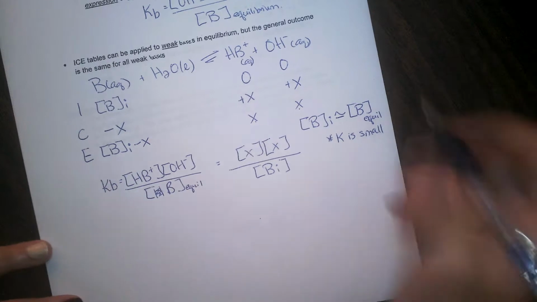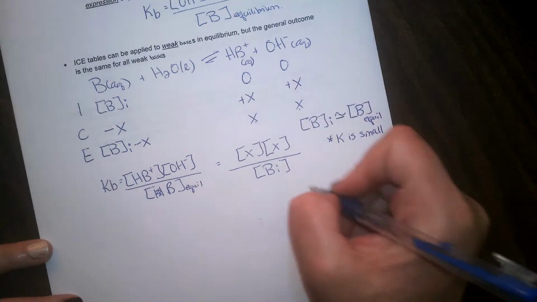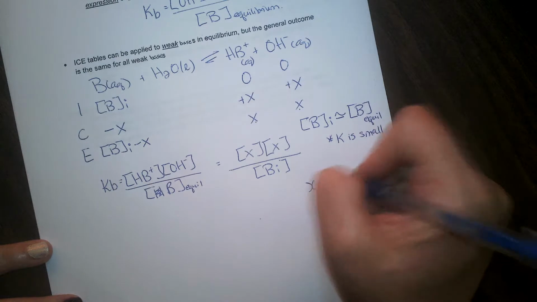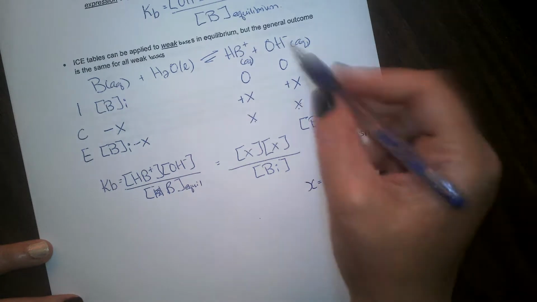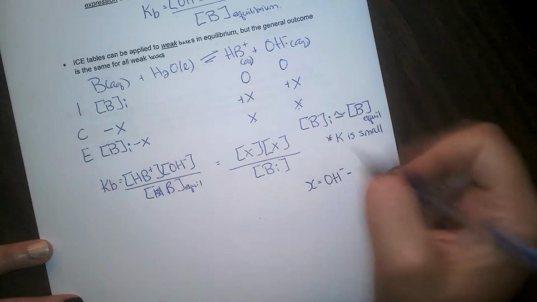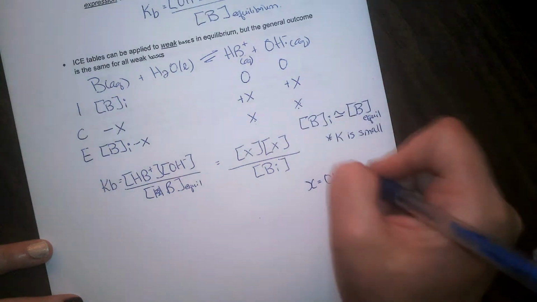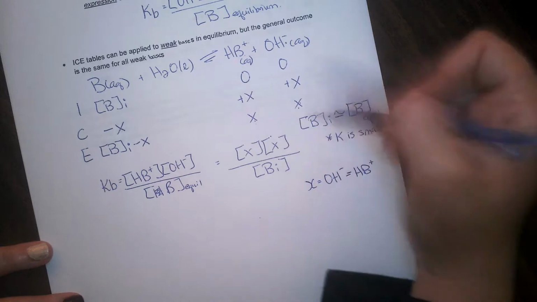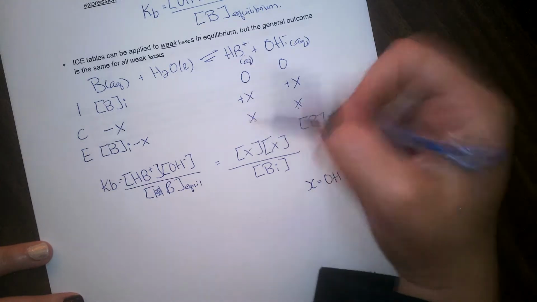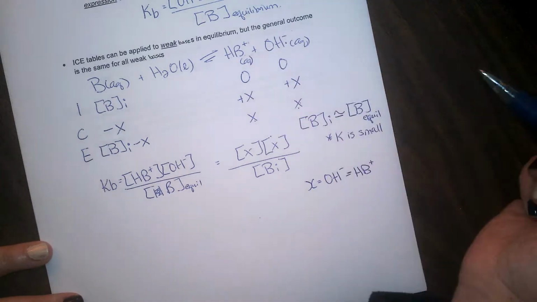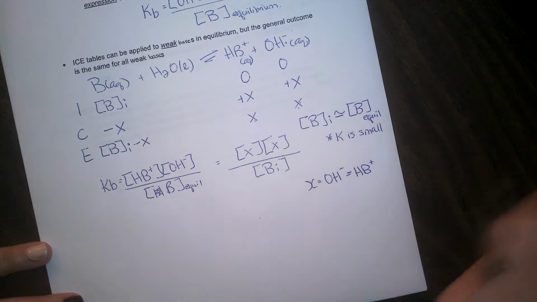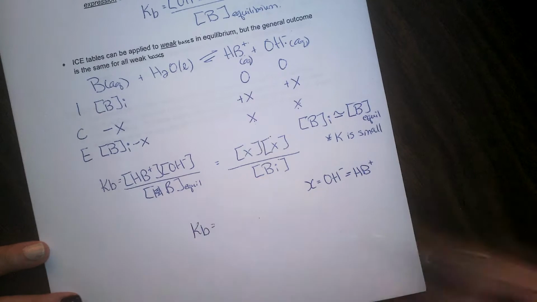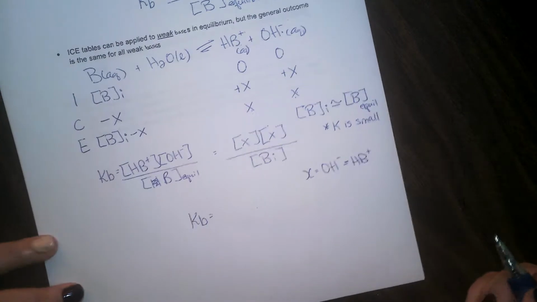Now, X is OH negative, right? X is OH negative. It's also HB positive. It's 1x here, 1x here. So whatever we solve for x, it's going to be either one's value. So you would just write in your Kb.